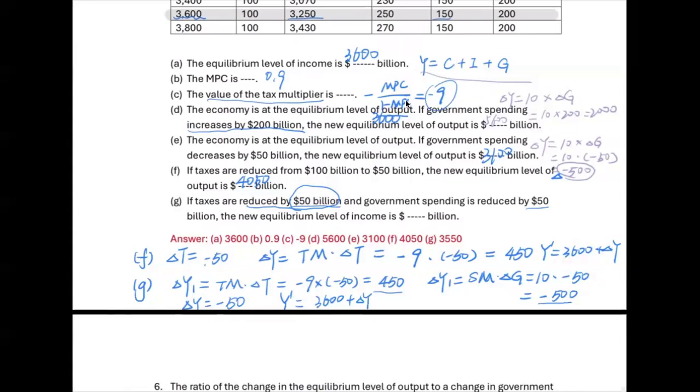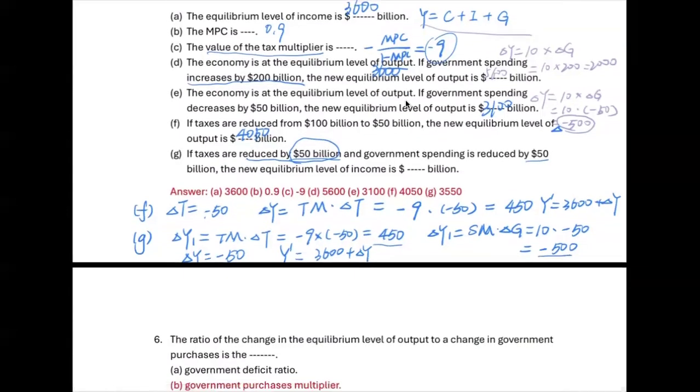And question G is a little bit difficult because you need to consider the tax change and government spending change together. So there are two aspects of the equilibrium Y change: because of the tax change or because of the government spending change. For the tax change, again, you will know that the net influence is 450.